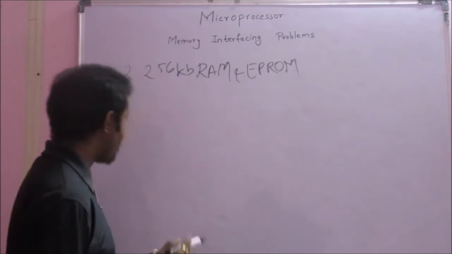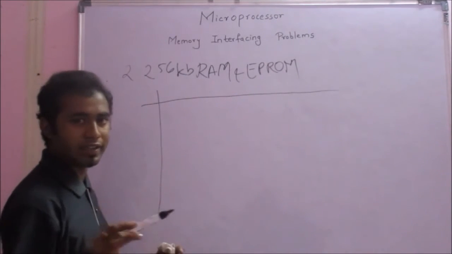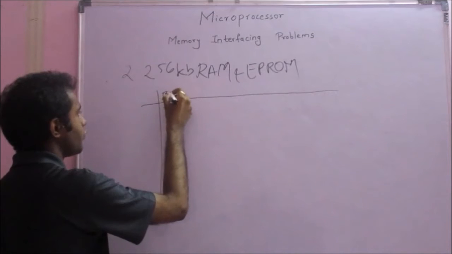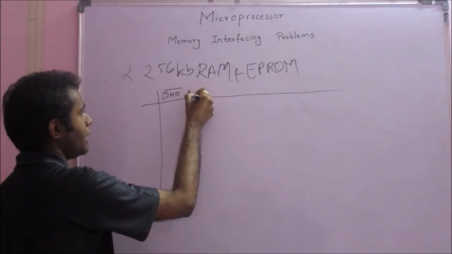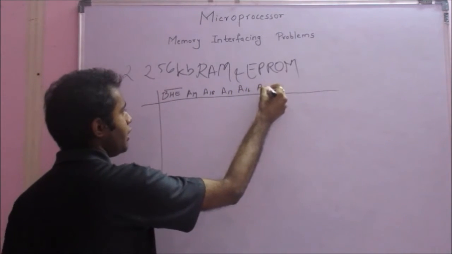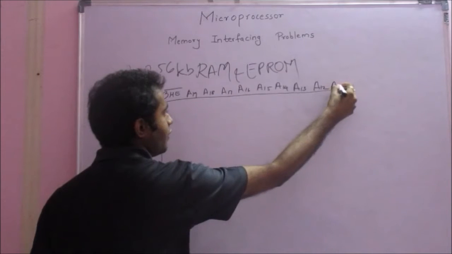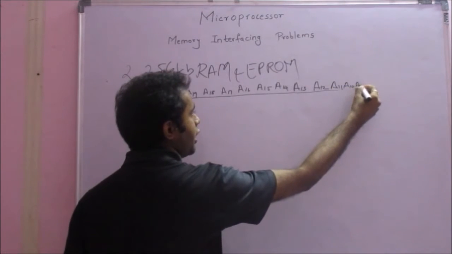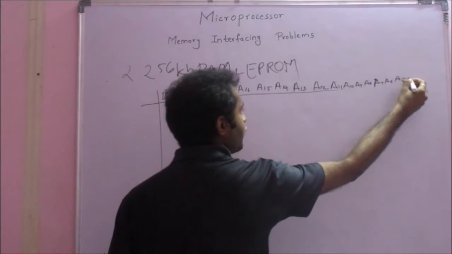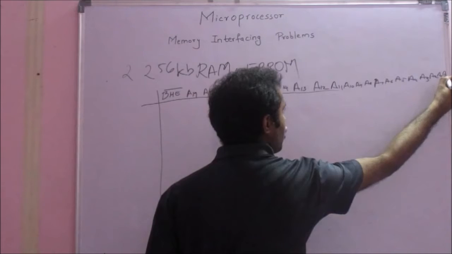So we will draw all the address lines, including BHE, bus high enable: BHE bar, A19, A18, A17, A16, A15, A14, A13, A12, A11, A10, A9, A8, A7, A6, A5, A4, A3, A2, A1 and A0.